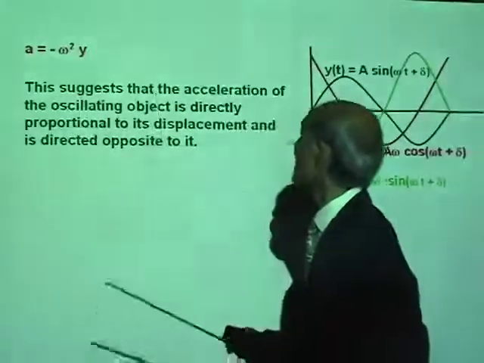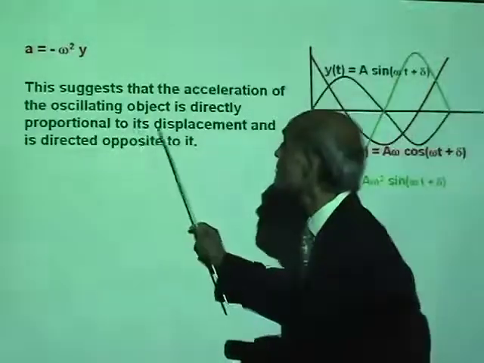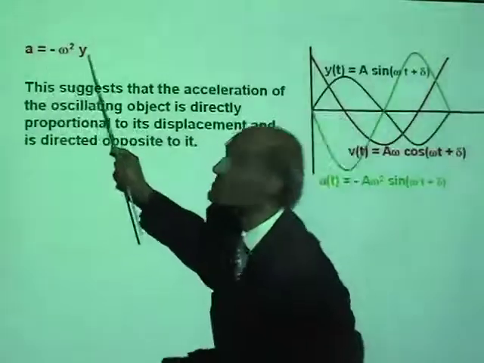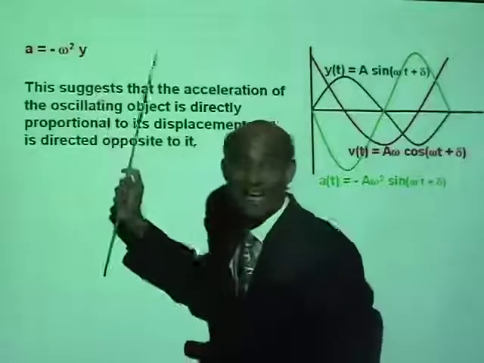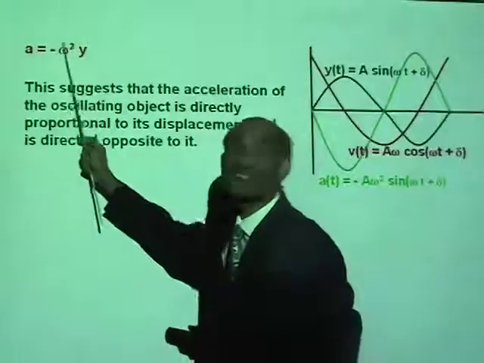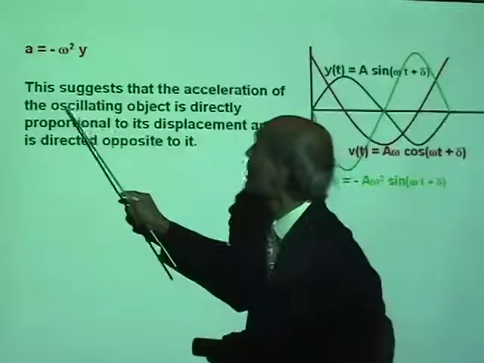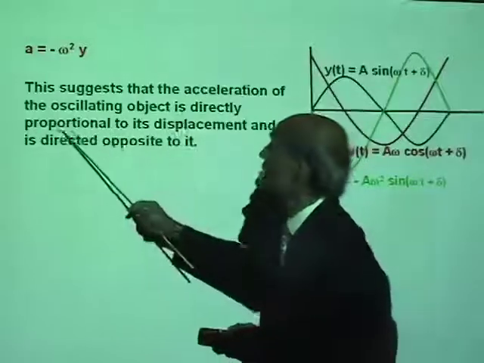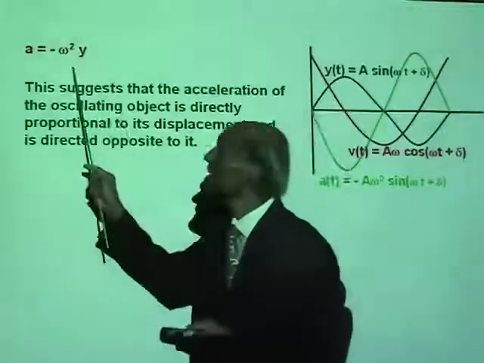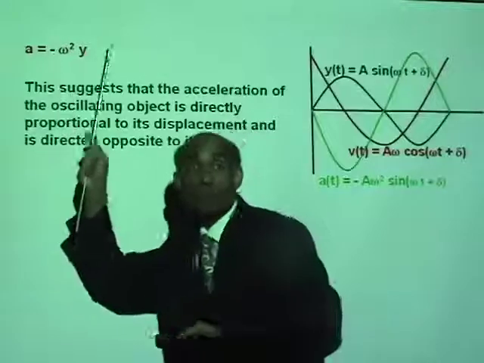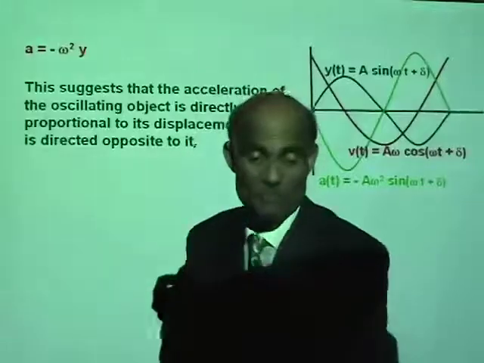This suggests that the acceleration of the oscillating object is directly proportional to the displacement. Is that right? Acceleration varies directly as the displacement because omega is a constant. So this equation suggests that acceleration of the oscillating object is directly proportional to the displacement and is directed opposite to it. That means, what is the direction of the acceleration?